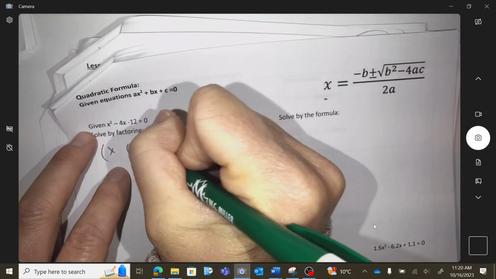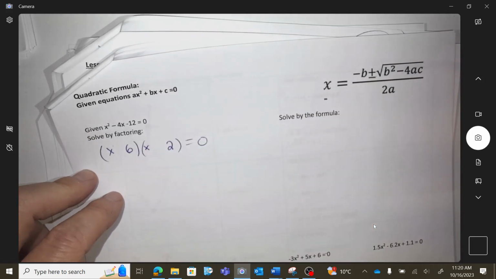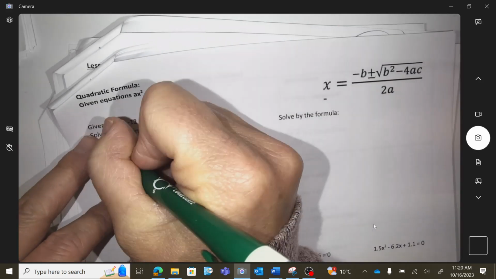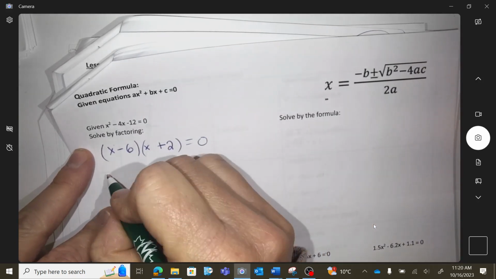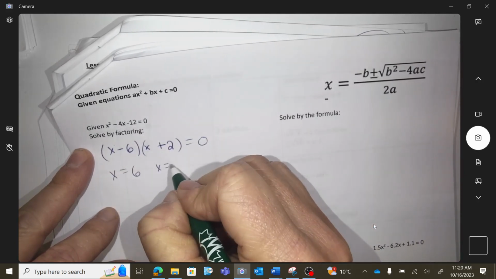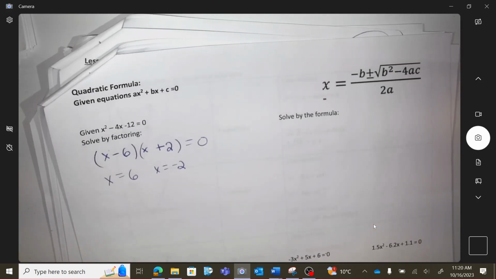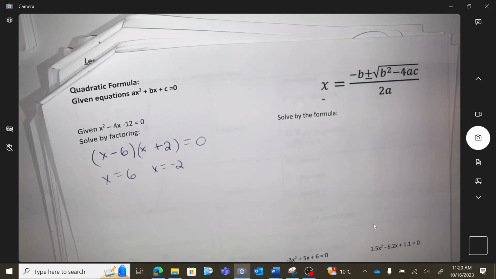So I'm going to work with a 6 and a 2, and I need to get negative 4 out of it. Okay, so those are the solutions.